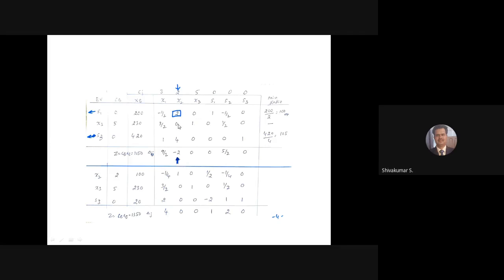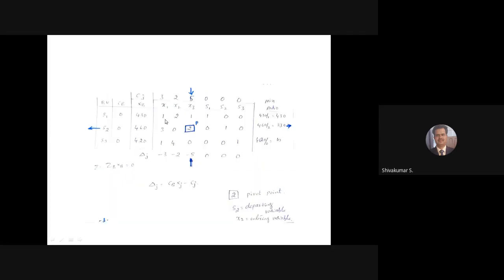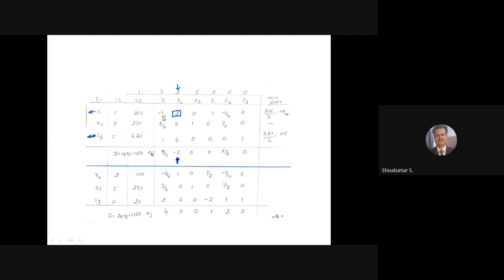It was 0 there, so 0, and 2 is there, 2 only. Now, -3 by 2 becomes, because multiplying this by -1, -3 by 2 plus 1 here. So -3 by 2 plus 1 becomes minus half, right? Plus half, I think.